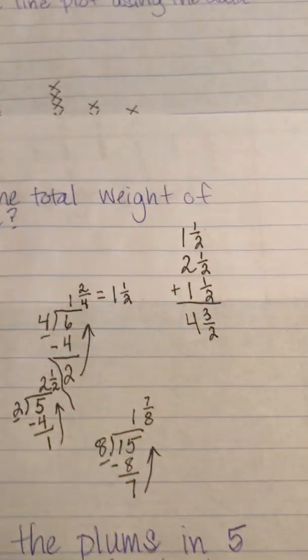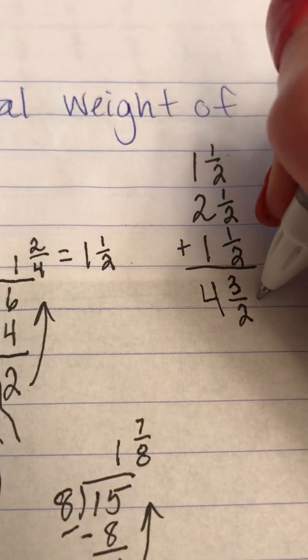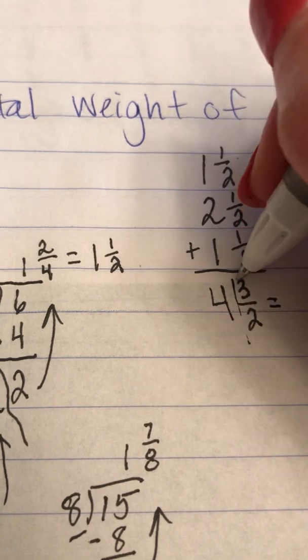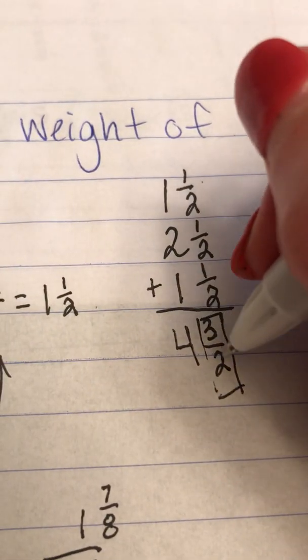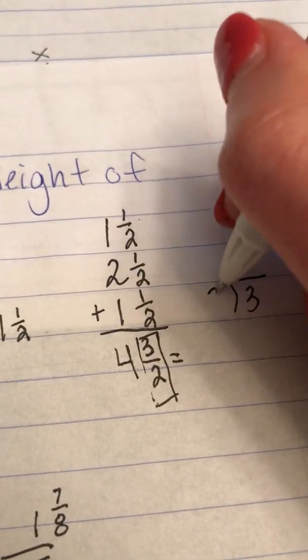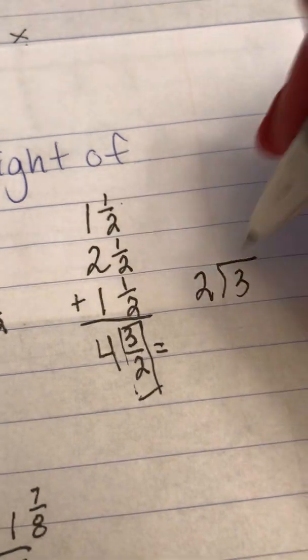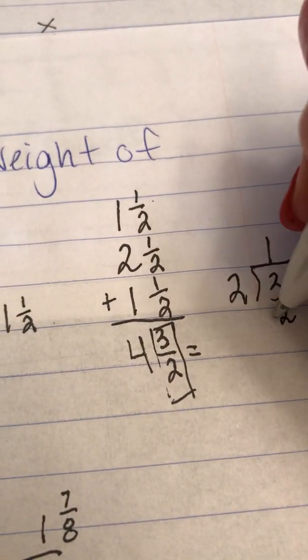Now, you see the 3 halves needs to be fixed up a little bit. So what we're going to do, we're going to take this. We're going to say, okay, it's 3 divided by 2. How many times does 2 go into 3? Once. 1 times 2 is 2. Subtract. 1 left over.